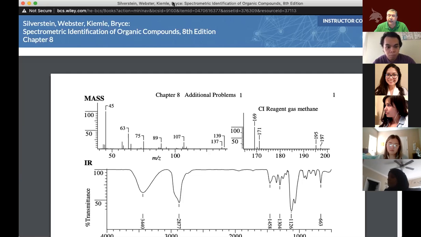And if we look at our 193 and 197, those don't seem to be an isotope ratio there. They seem to be a little too small for that. So what do we have as our parent ion mass peak here? Just calculating our parent ion mass peak, what do you think you get?